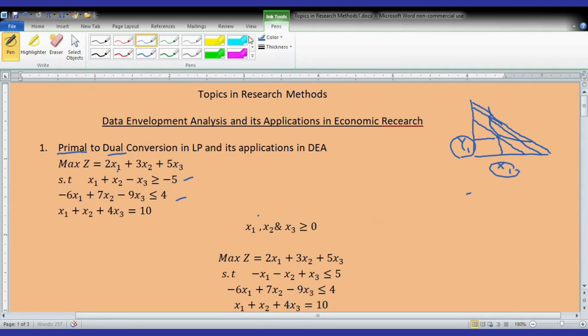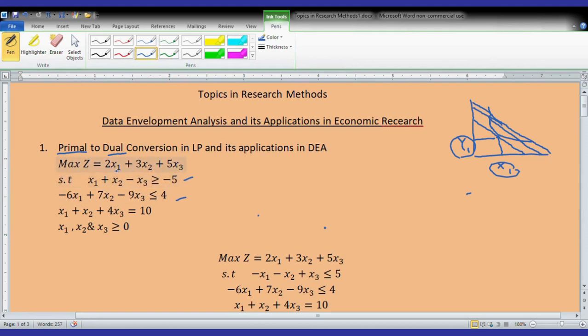I am saying that the values x1, x2 and x3 should be greater than or equal to 0. This restriction makes sense if we are assuming that x1, x2 and x3 are quantities which can only be positive or 0, and they cannot be negative. Like for example, quantities of goods consumed, or quantities of goods sold.